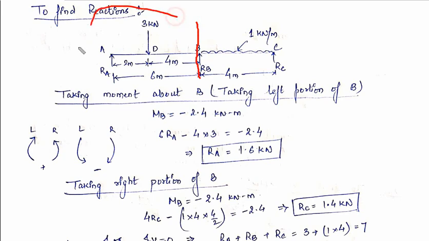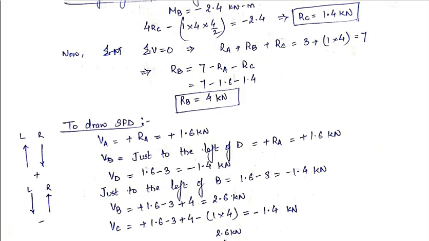If we see the left part of this section, there are only two forces, Ra and 3. Ra is upward, so 1.6 is upward, and 3 is downward, so this will be minus. So the shear force just to the left of B will be 1.6 minus 3, that is minus 1.4 kilonewton.